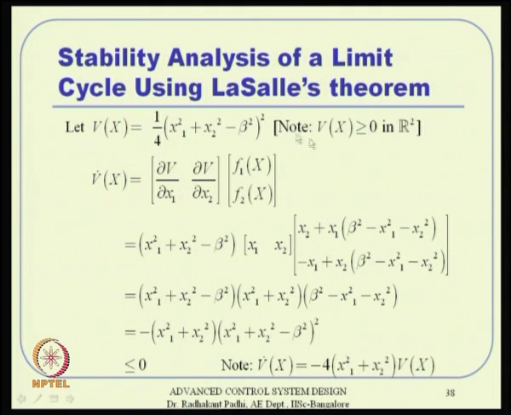That is okay, because LaSalle's theorem does not demand that V of x is positive definite, it just needs to be continuously differentiable. So, even though we can call it a Lyapunov function, it is really not a Lyapunov function candidate, it is just a function candidate for which we want to apply LaSalle's theorem. Now, let us say we analyze this V dot of x.